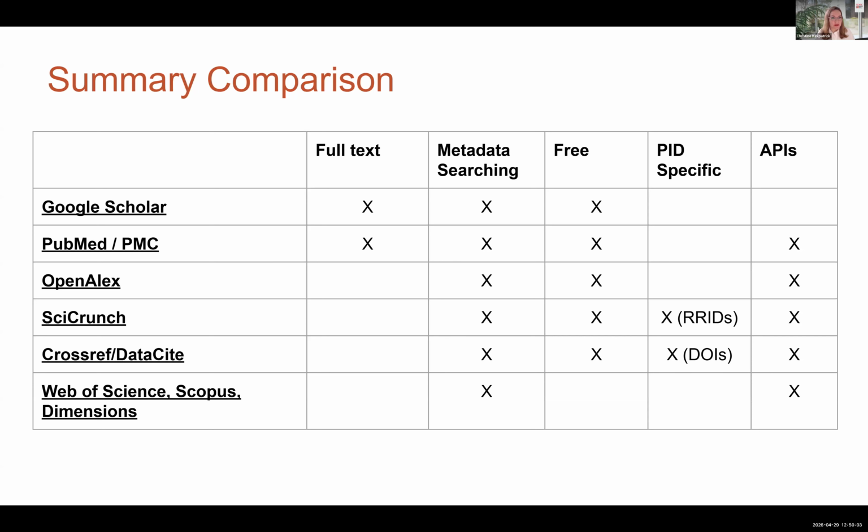So we have another question where someone asks, if a resource has a PID, does that make it more likely that it will be found by OpenAlex, Google Scholar, and others? I think the answer is yes, but it also depends a little bit. Google Scholar is more looking for things that look like articles.